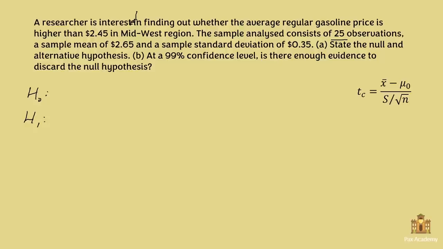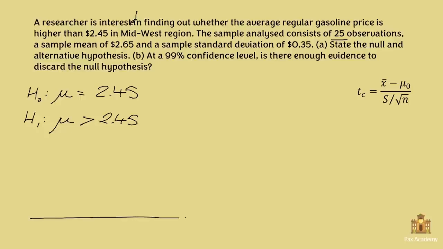As you can see, here a researcher challenges a view and says that the average regular gasoline price is higher than 2.45. So the null hypothesis must be that the gasoline price is 2.45. And then he challenges the view by saying that it's actually higher than 2.45.